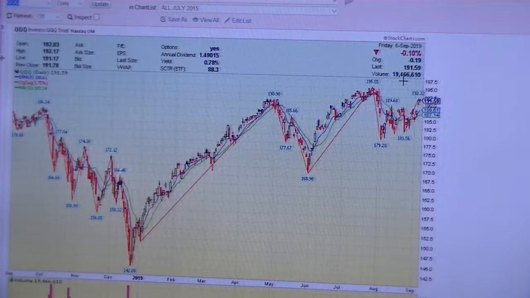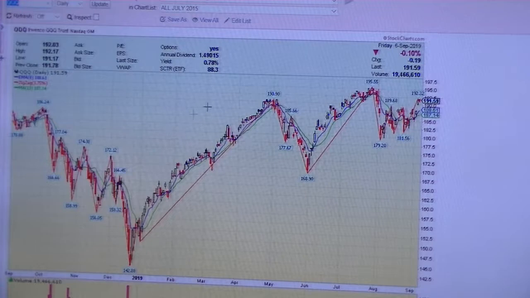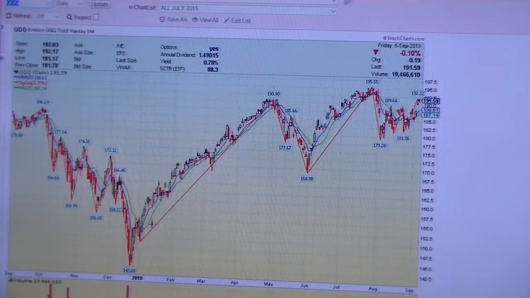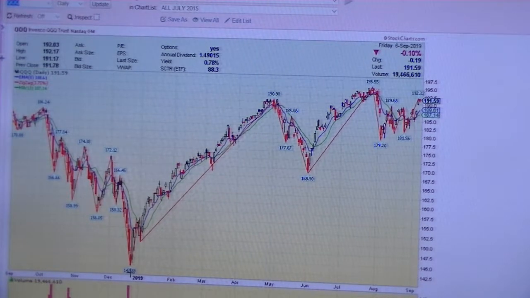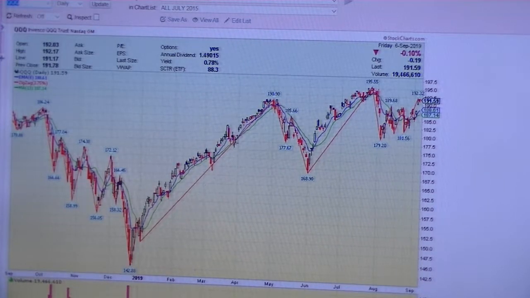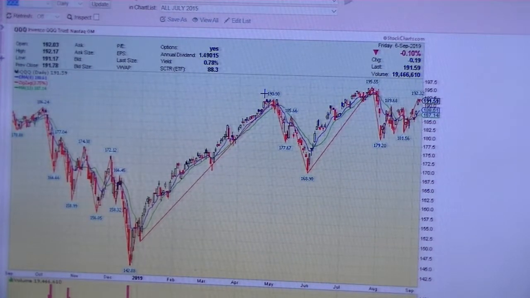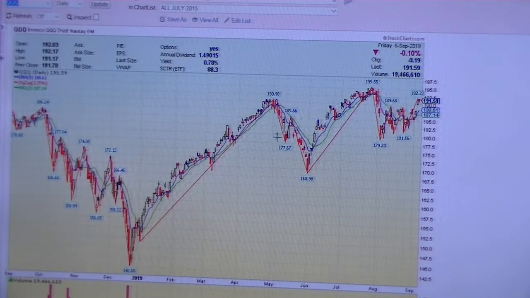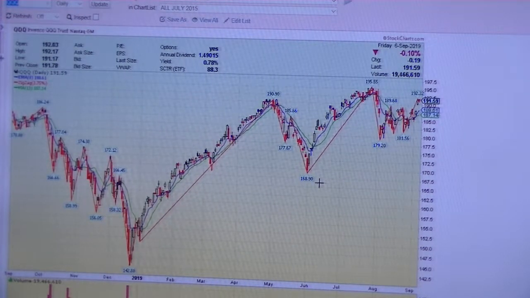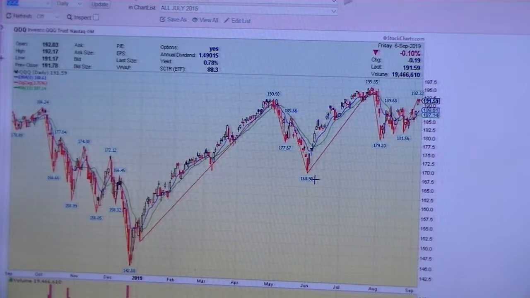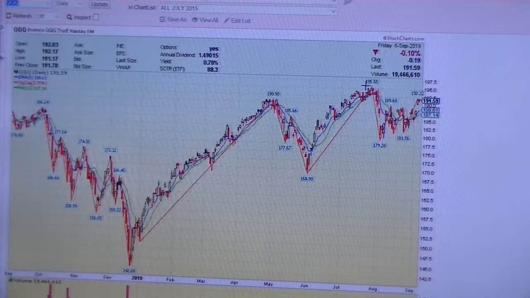As you can see, there are different prices that have been established throughout this year. The stock made its longest run from the end of December of 2018 to the beginning of May of 2019, where price went from 142.88 up to 190.90, then fell back down to a low of 168.90, and then went back up to 195.55.